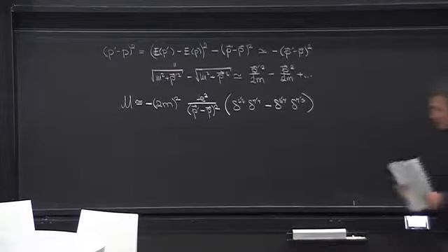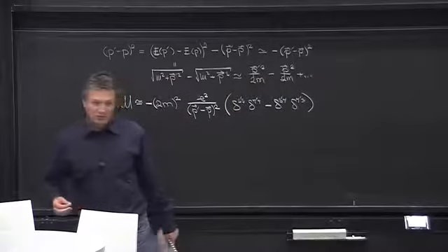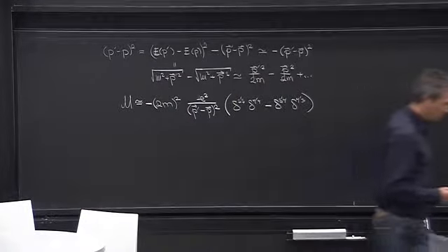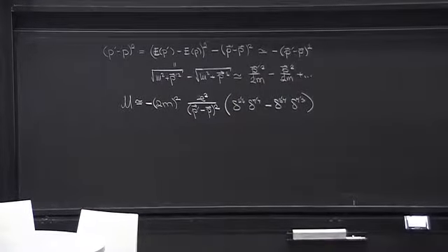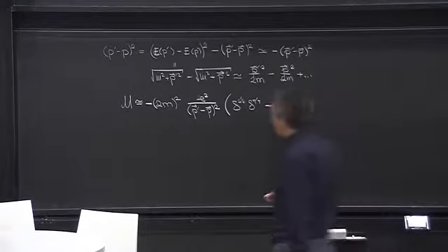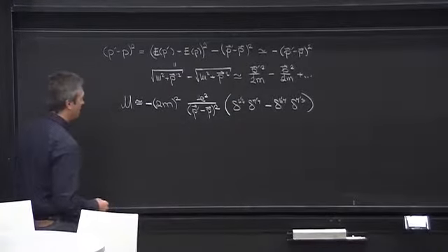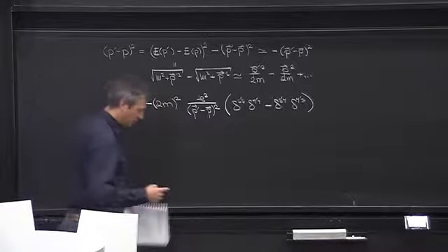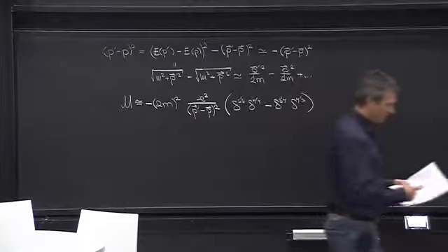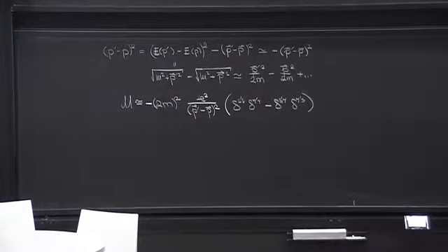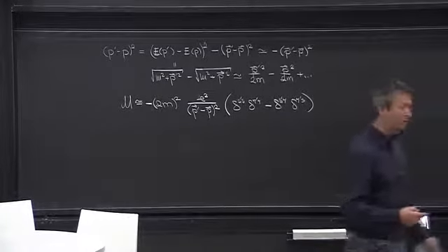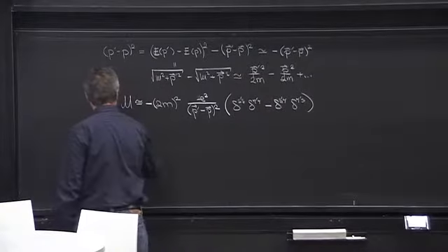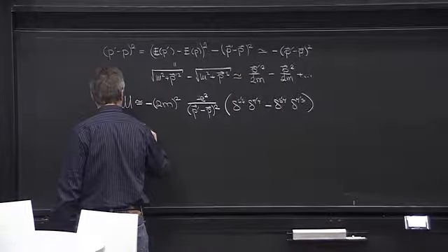So now we have to compare it to what we would get in, say, usual quantum mechanics. In usual quantum mechanics, when we have two particles colliding, the scattering amplitude is just a Fourier transform of their interaction potential. This is the Born formula. So let's compare it to the Born approximation.